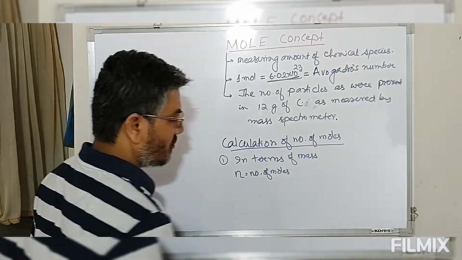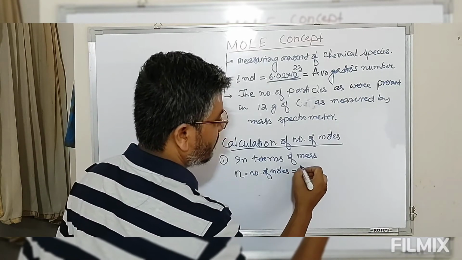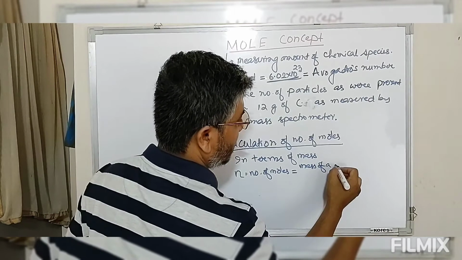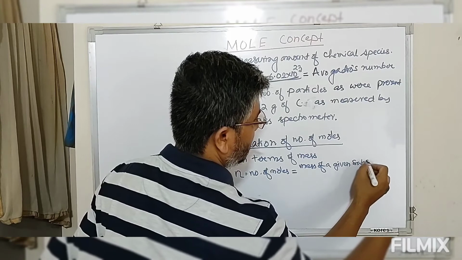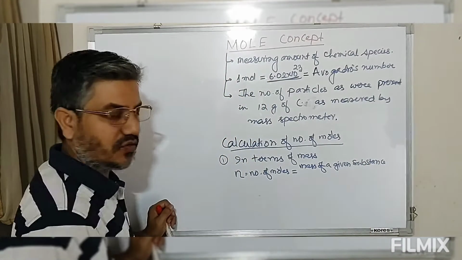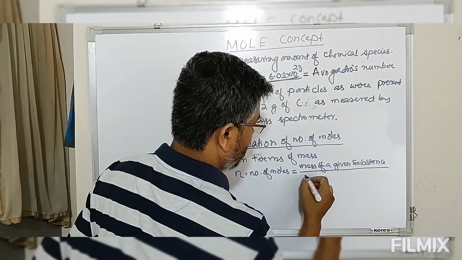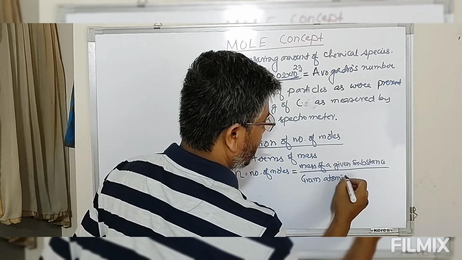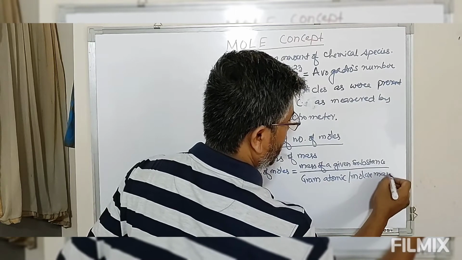So this number of moles we have to define in terms of mass. So this is equal to mass of a given substance. This substance may be atom, may be molecule. So mass of a given substance divided by gram atomic or gram molar mass.